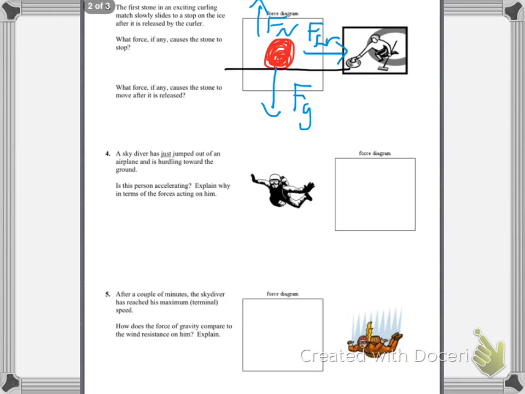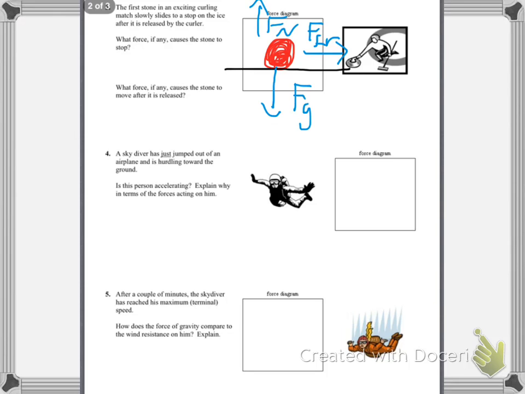So what force, if any, causes the stone to move after it is released? What is keeping that object moving is that it already had some velocity before. Once it was released, it had a velocity, and the hand is off. So once the hand is off, that applied force, that push, no longer stays with the object.